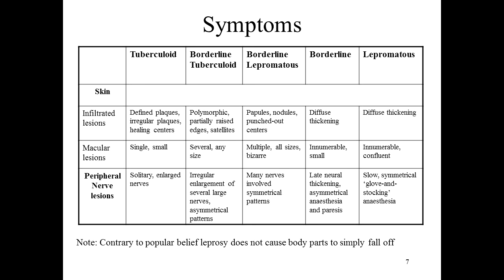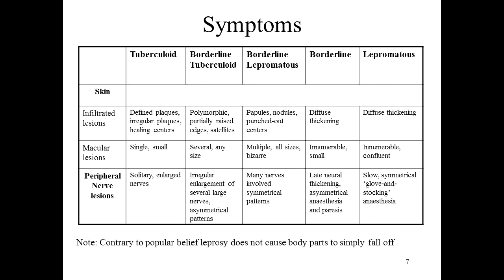For the borderline, the infiltrated lesions are diffused with thickening. They are more scattered, not localized to the area being attacked. For the macular lesions, they are innumerable, and they occur in small sizes.